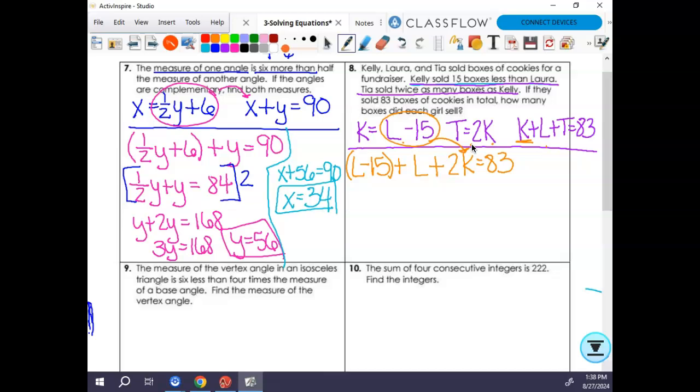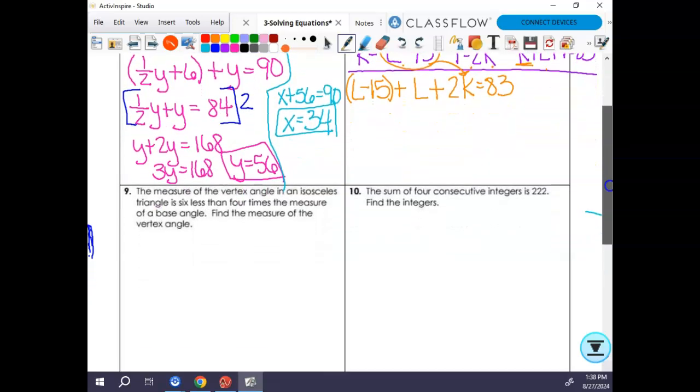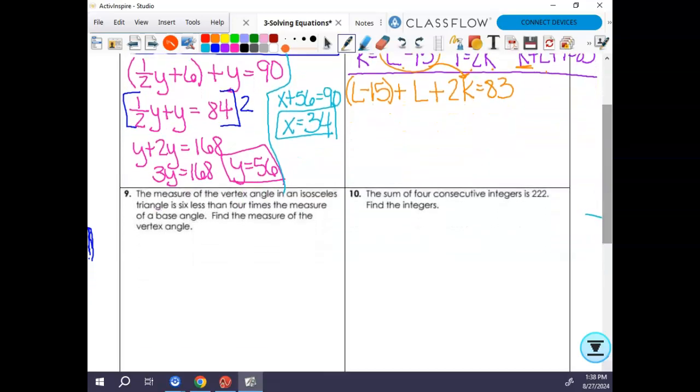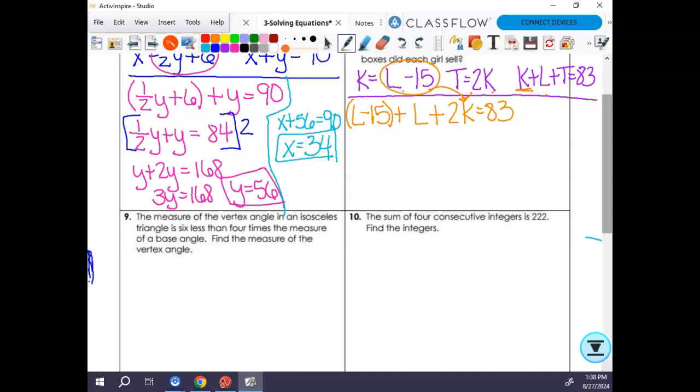So now I'm just going to put that L minus 15 in here. Now those parentheses I did on L minus 15, did they matter really? No. So I'm going to go ahead and add these two L's together. So I'm going to get 2L minus 15 plus 2 times K, which is L minus 15, equals 83. Do those parentheses matter? Yes. And now everything's in L's and numbers.